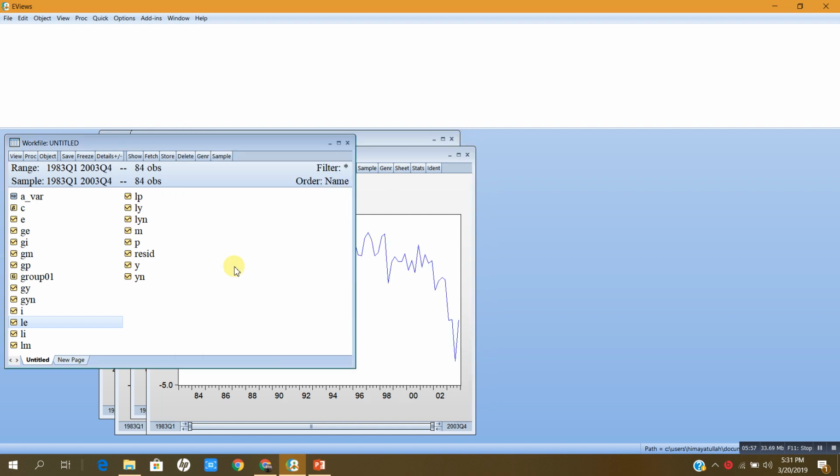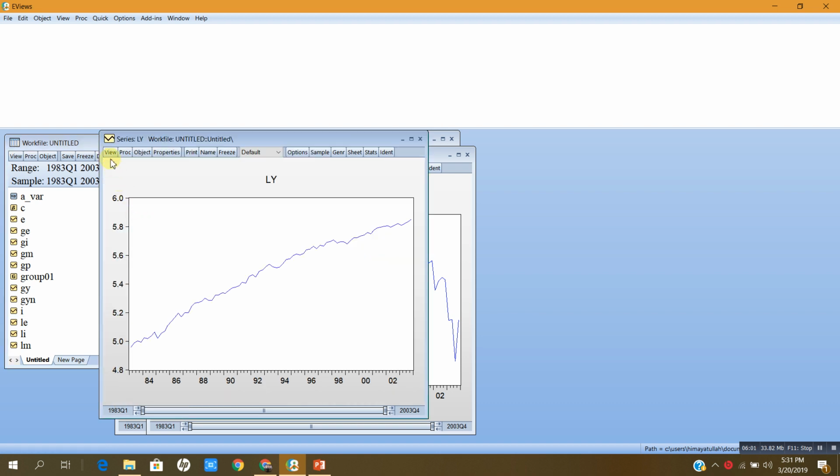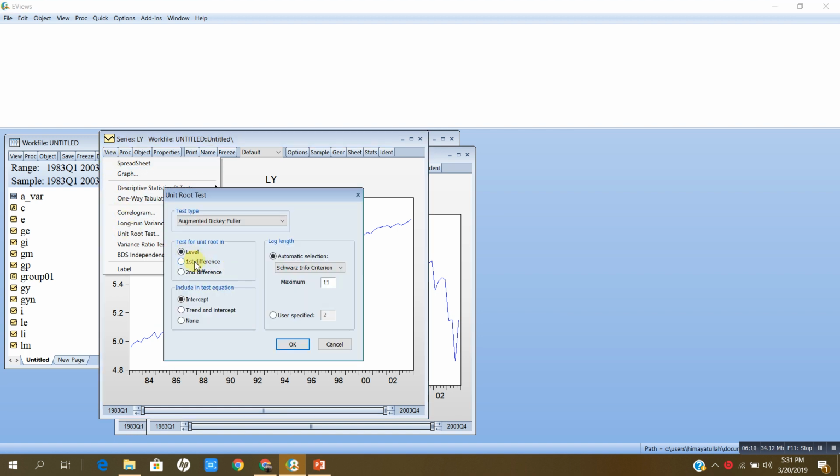Let me start with the log of Y. Go to unit root, and I check at level with intercept and trend, because there is a trend and intercept.